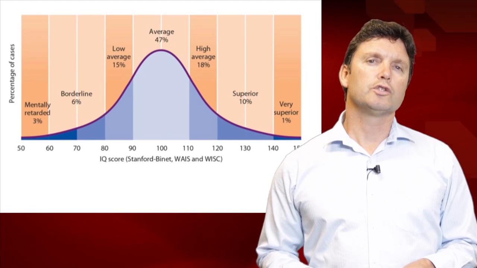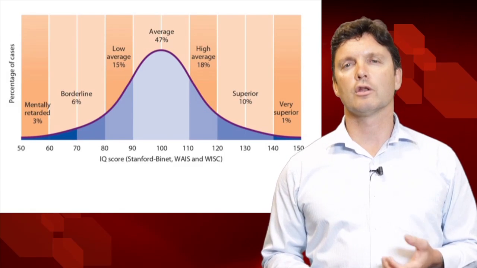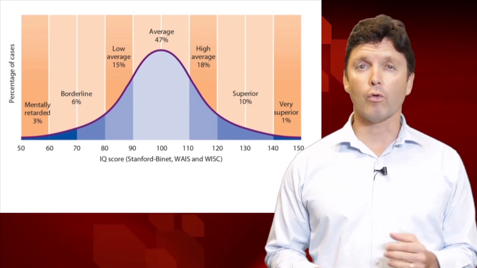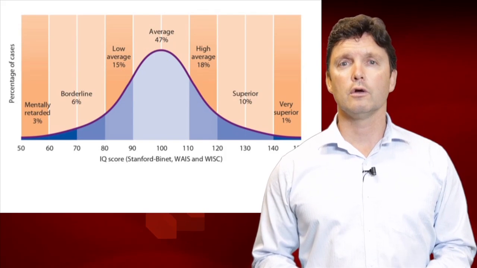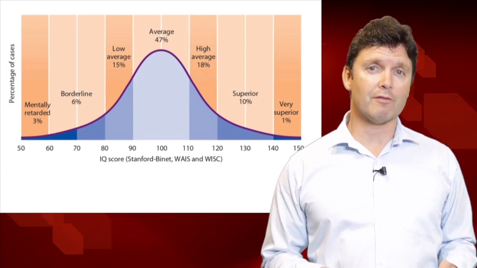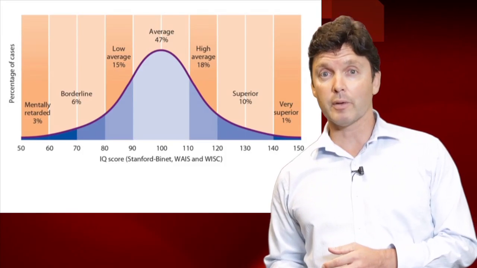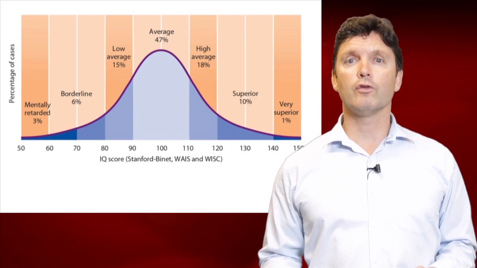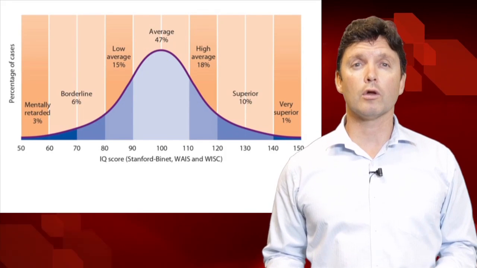Now, the normal distribution has some statistical properties which allow us to work out the percentage of the population that will score higher or lower than a given score. For example, with an IQ of 100, there are 50% of people below this score and 50% of people above. And the farther we move away from 100, the fewer people attain a higher or lower score.